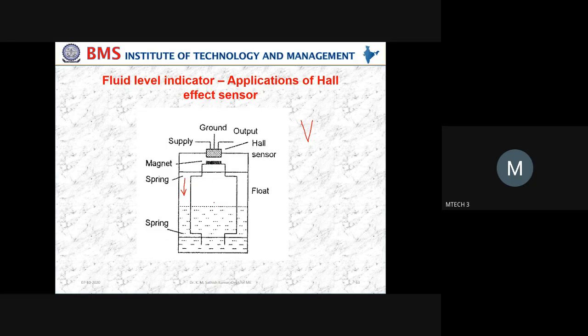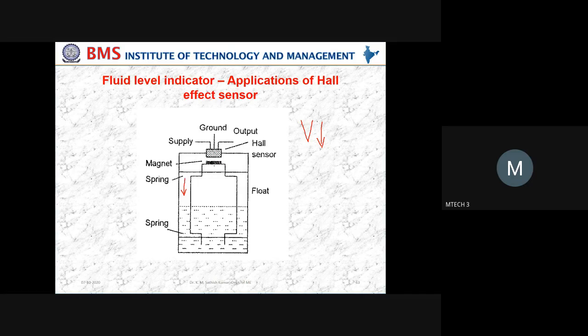When the magnet comes down, the value of voltage is going to come down. The amount of reduction in voltage depends upon the flux density, that is, how close the magnet is to the sensor.